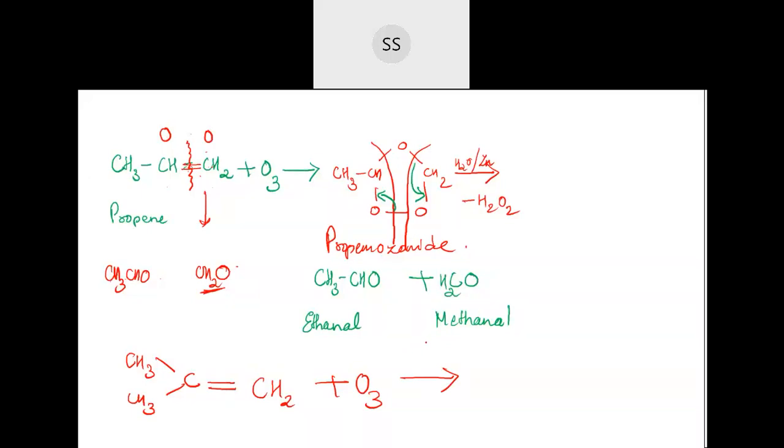Yeah, one is propan-2-one and the other one is methanal. Yes, correct. Good. Not propanol. Okay. It's propanone.